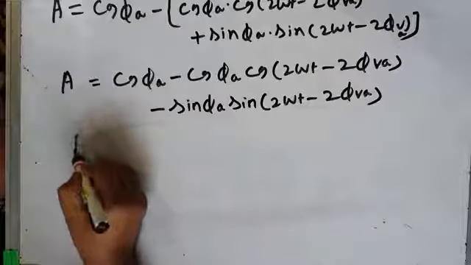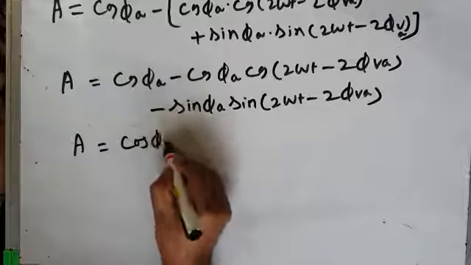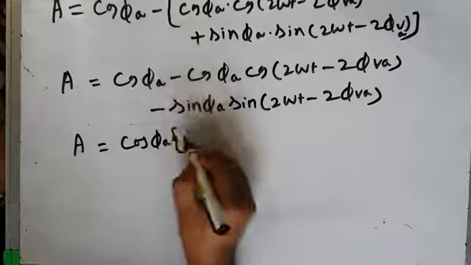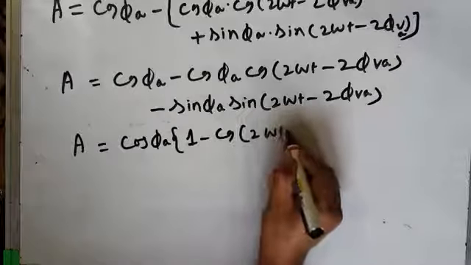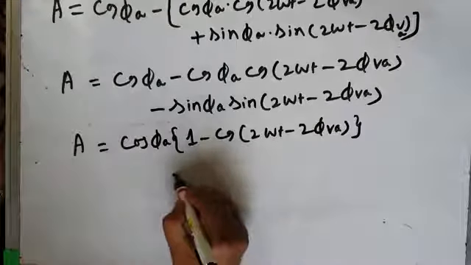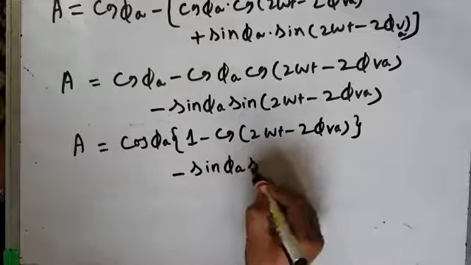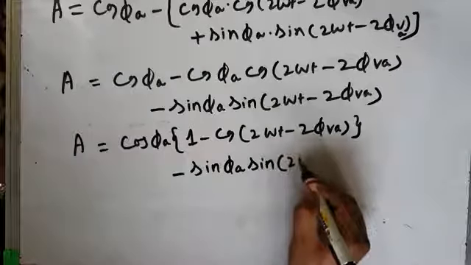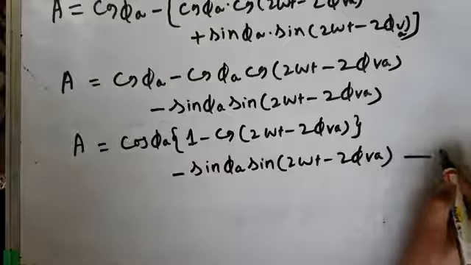What we will do, we will take cos phi a common in both terms. So this is cos phi a, what is inside is 1 minus cos of 2 omega t minus 2 phi va, minus, this is second term, sin phi a into sin of 2 omega t minus 2 phi va. Let us call this equation as equation 2.